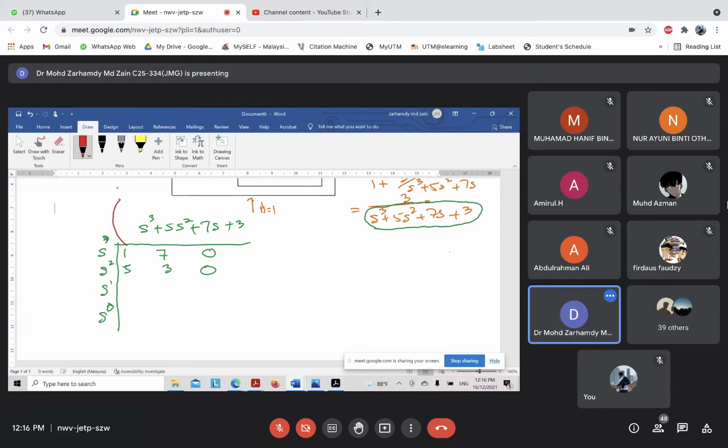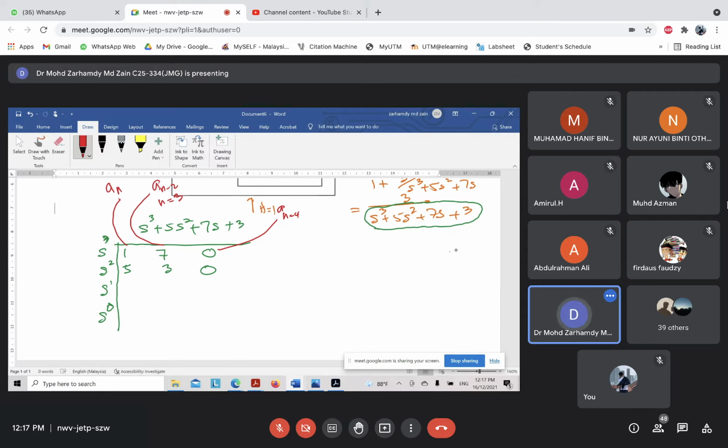This one is A_n, and this one is A_(n-2). Our problem statement now, the value of n is 3. So here is A_(n-4), we don't have this, because of negative 1. We don't have s to the power of negative 1. We only have s to the power of 0 up to 3.